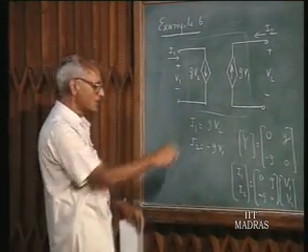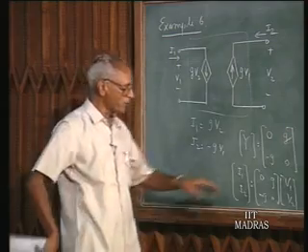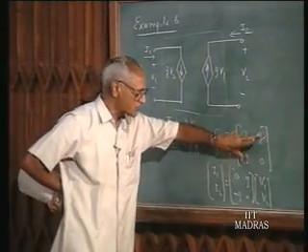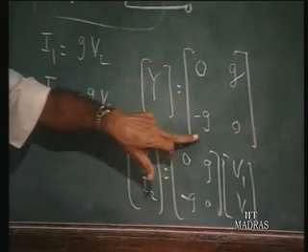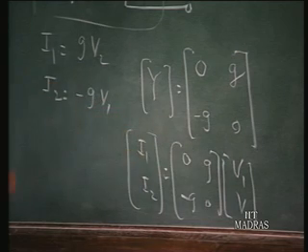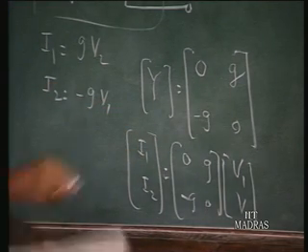In fact, this is what is called anti-reciprocal. If this network were reciprocal, we would expect these two to be equal. This is exactly the negative of this, so this is called anti-reciprocal. Such a two-port network constitutes what is called a gyrator.